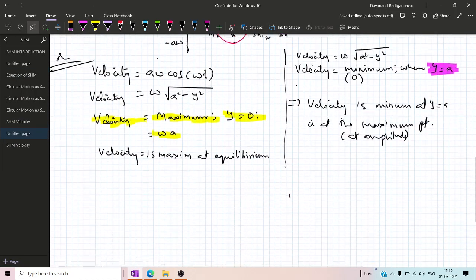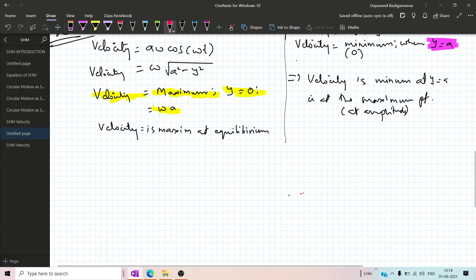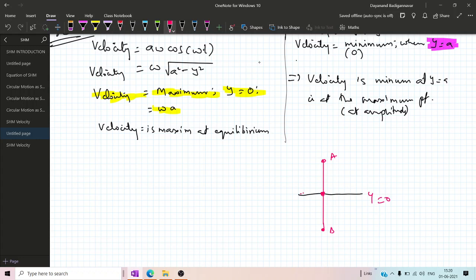If you look at this diagram and this equation, this means that if I have a system which is oscillating in a simple harmonic manner, a particle executing simple harmonic motion, let us assume it is oscillating in a linear form, between 2 points, A and B. This is the equilibrium position, and it is continuously oscillating, executing SHM.